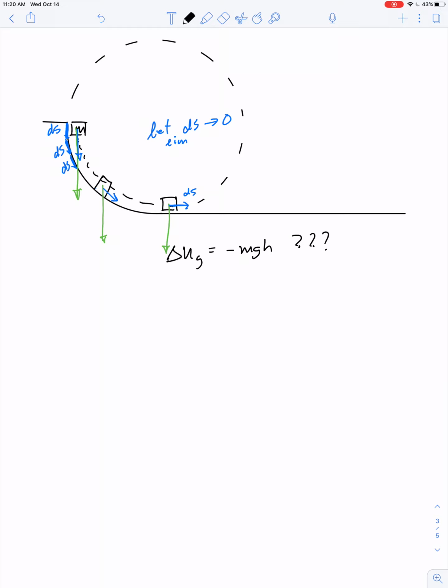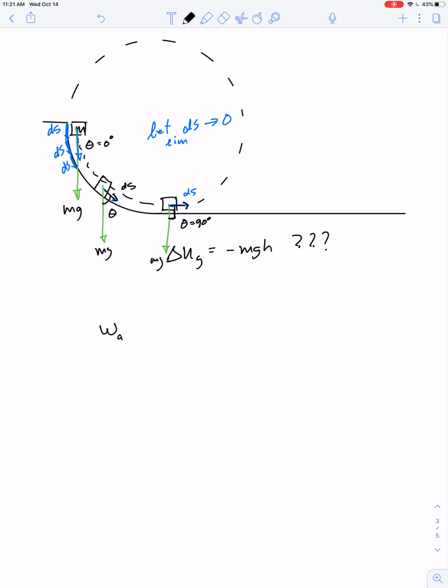So the magnitude of the force is always the same, mg, and the length of our infinitesimally small ds vectors will always be the same, but the angle is always changing. Here, theta is equal to 0 degrees. ds and mg point in the same direction. Here, there's some angle theta, and in the end, theta is equal to 90 degrees.